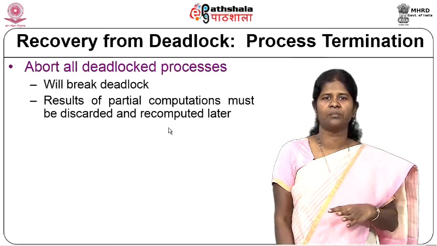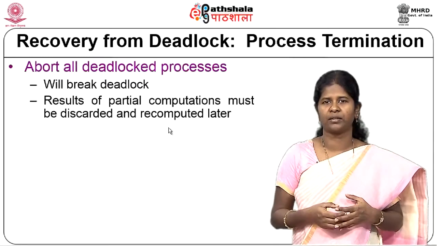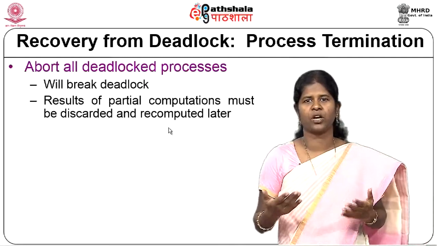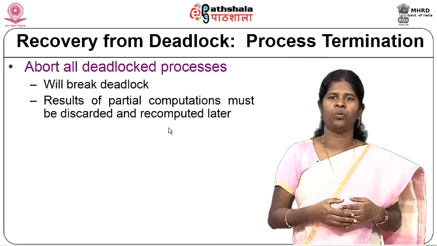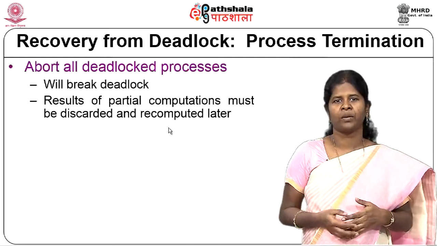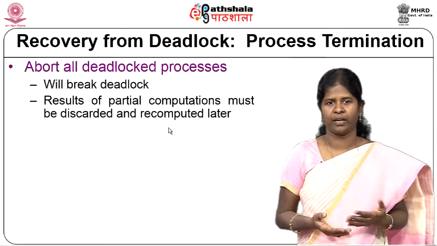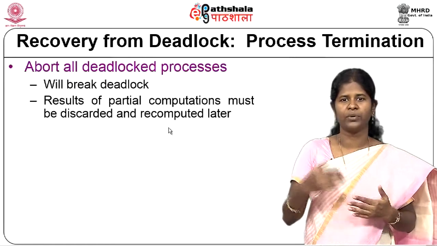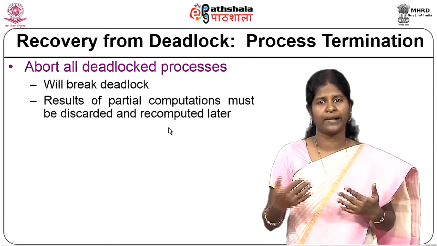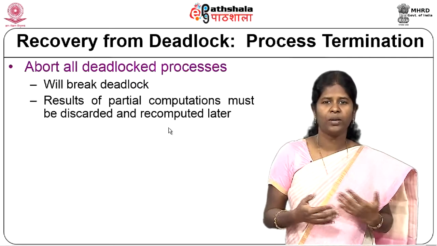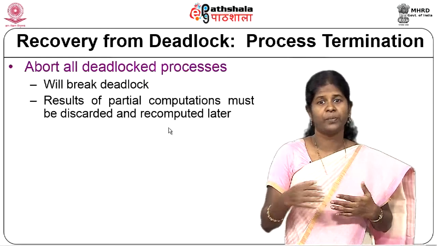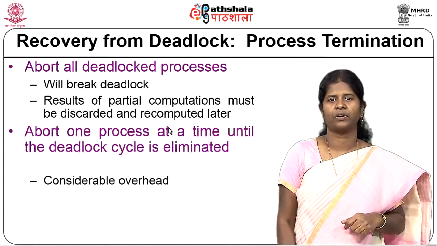If you run a cycle detection algorithm and find that some 5 or 6 processes are involved in the cycle, then you kill all these 5 or 6 processes. This will break the deadlock, fine, but what will happen to the computations that all these processes have done earlier? All these partial computations will be discarded and will have to be recomputed later.